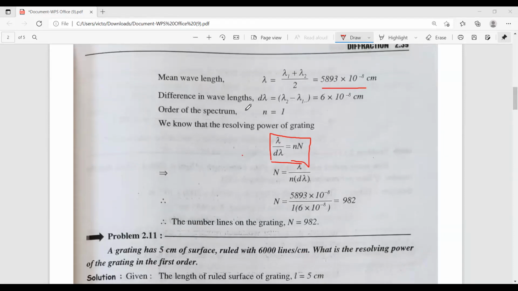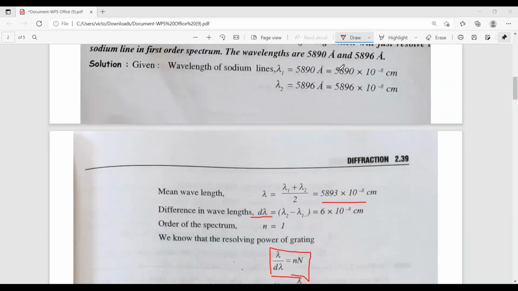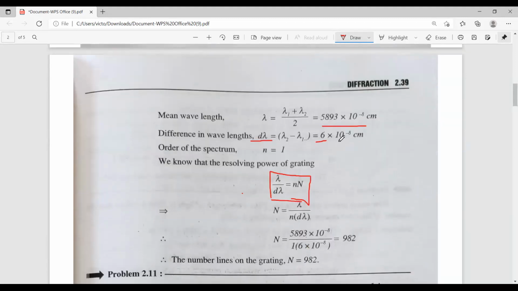And what is d lambda? The difference between the two wavelengths, that is lambda 2 minus lambda 1. Here it is 5890 and 5896, so the difference value is 6 angstroms.